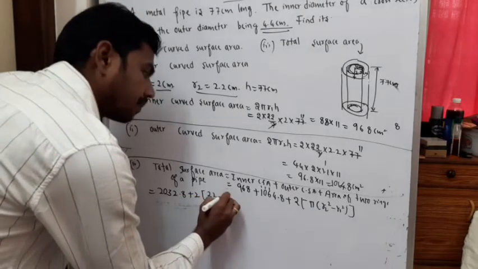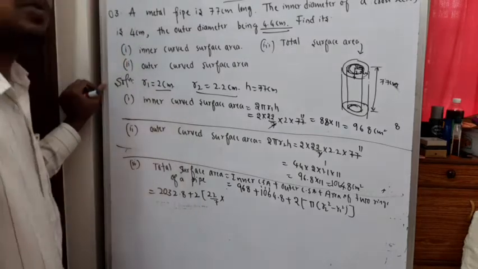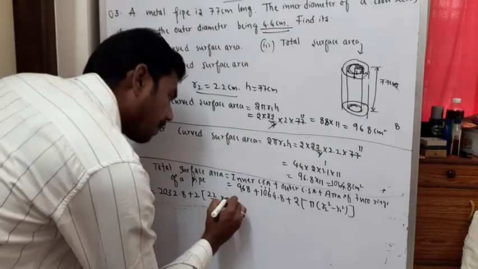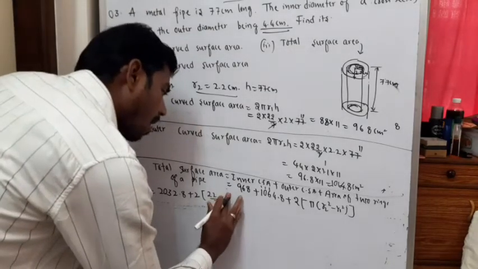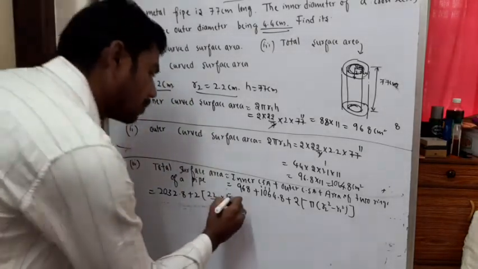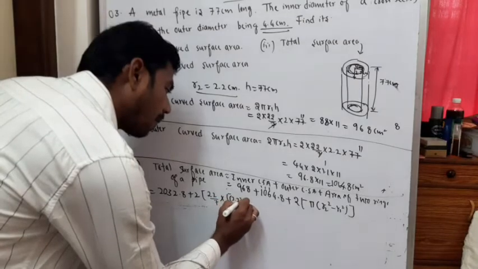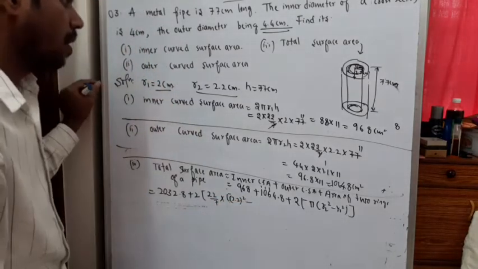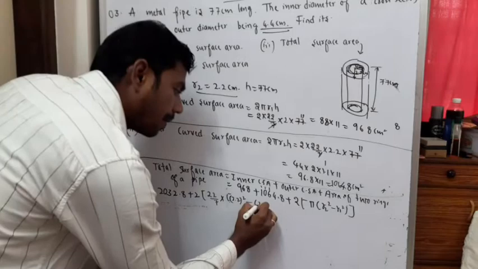Okay, plus next 2 into 22/7 into, what is r2 square? r2 square is nothing but 2.2 square minus r1 square is nothing but 2 square.